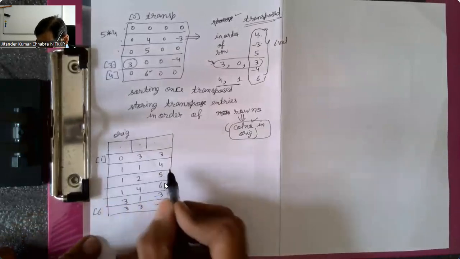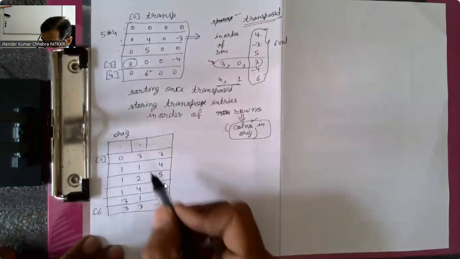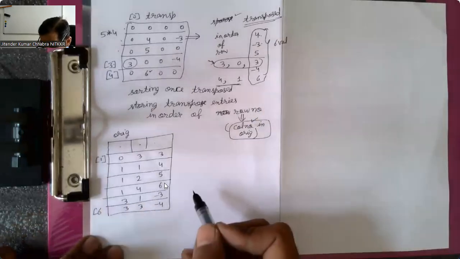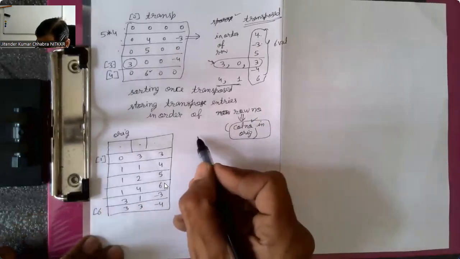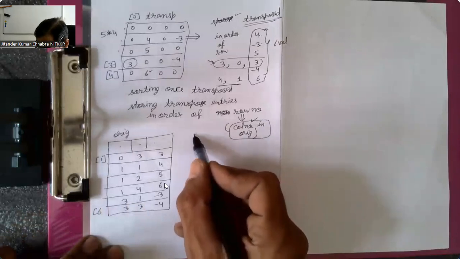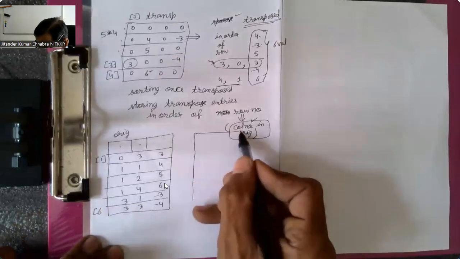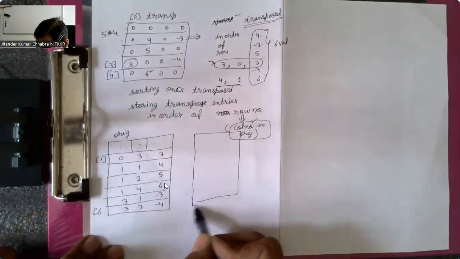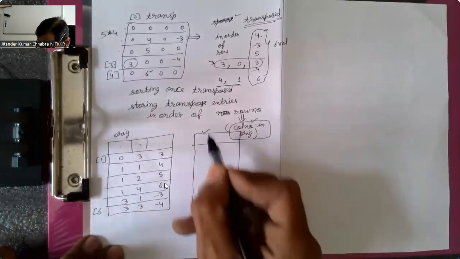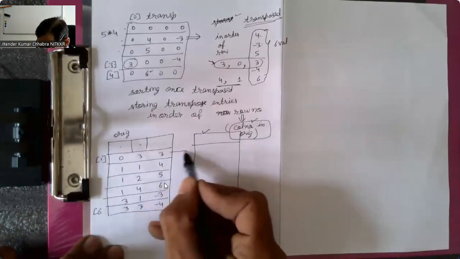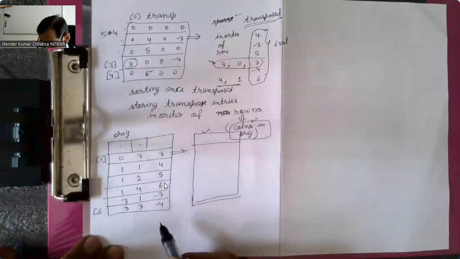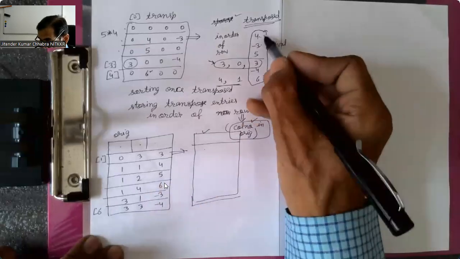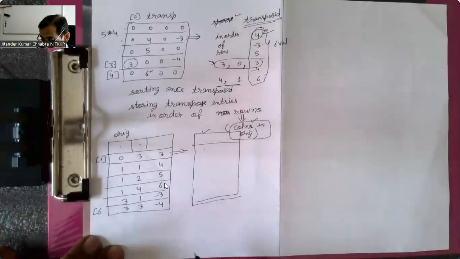Now my logic can be: in the final or transposed matrix, which value do I need first of all? This we will talk about later, but I don't need this entry to be at the first place. Which entry do I need? I need actually value 4.